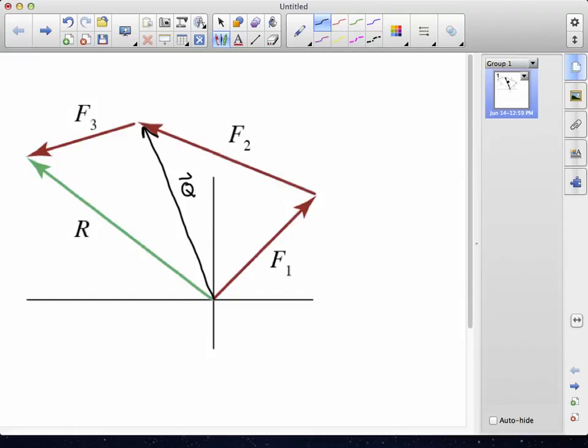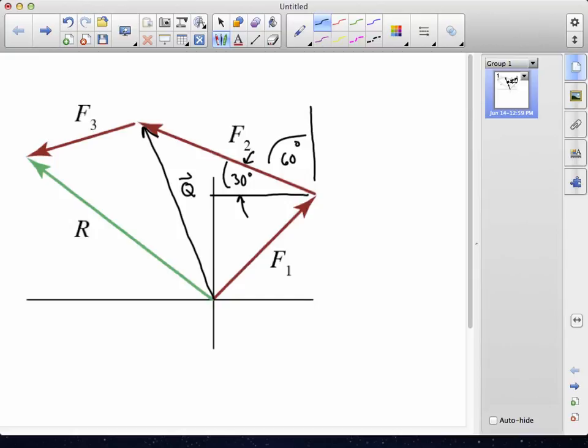Focusing first on the triangle whose sides are defined by the lengths of F1, F2, and Q, we can make note of the angles that we know from the problem statement and realize that we know one of the angles in this triangle right away. We're given in the problem statement that F2 makes an angle of 60 degrees from the vertical. That in turn means that F2 makes an angle of 30 degrees with the horizontal.